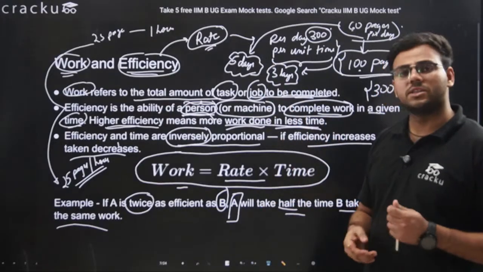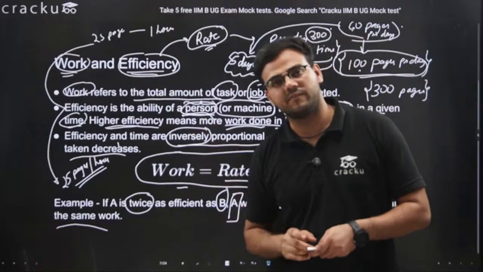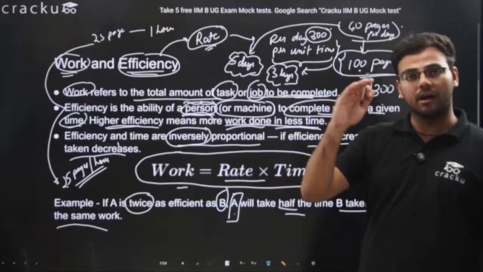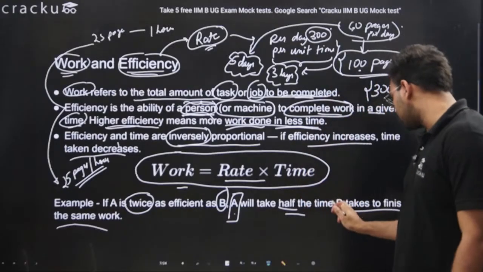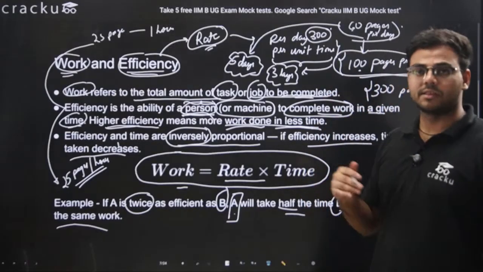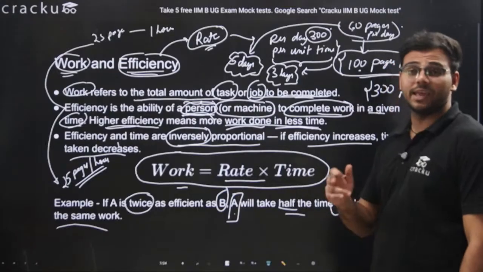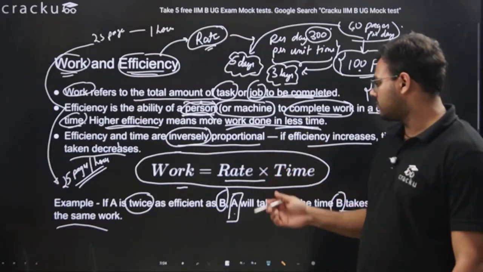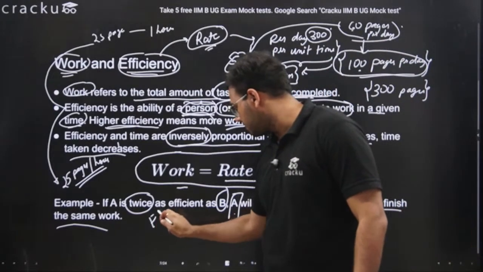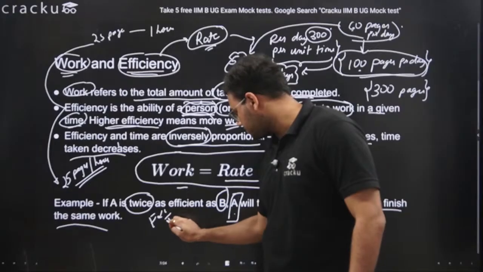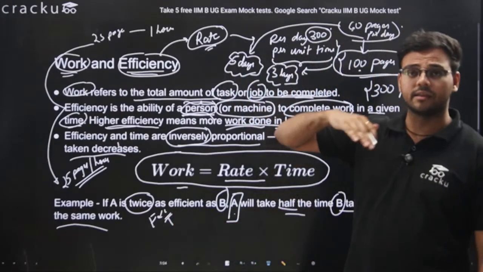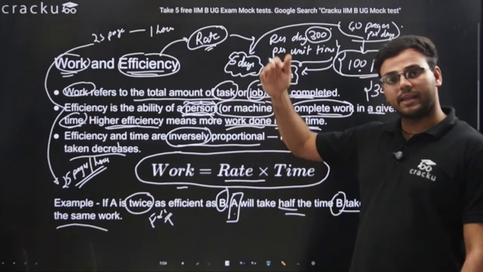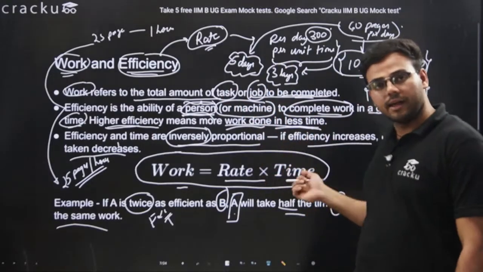Similarly, if the efficiency of A is thrice that of B, A will take how much? A will take 1/3 of the time that B is taking to complete the same job. This chain goes on. The point is very simple: efficiency is inversely proportional to T. If the efficiency of one person is 10 times the other, he will take 10 times less time than the other person.